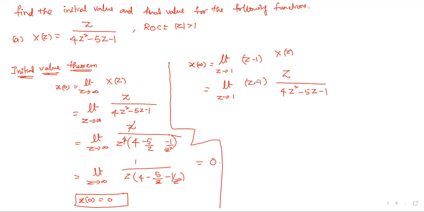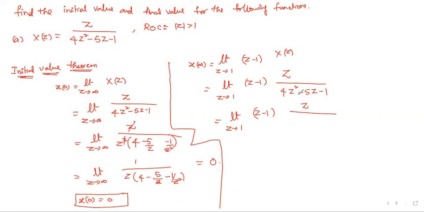So whenever you are applying the final value theorem, I suggest you factorize: limit z tending to 1, z minus 1 into z divided by 4z square minus 5z minus 1. We need to do the factorization for this.